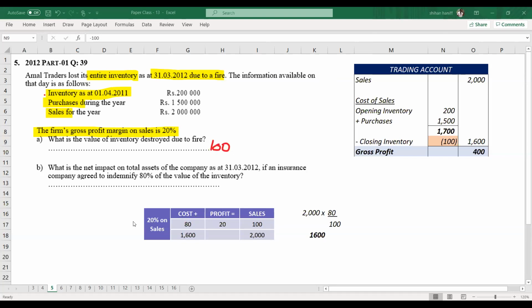Now let's see the impact on total assets.